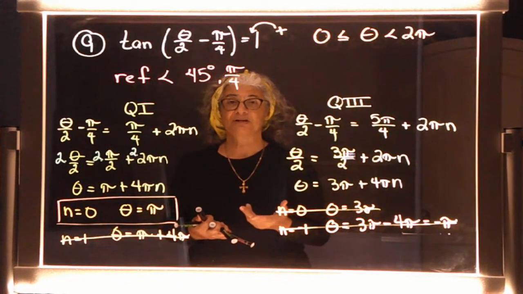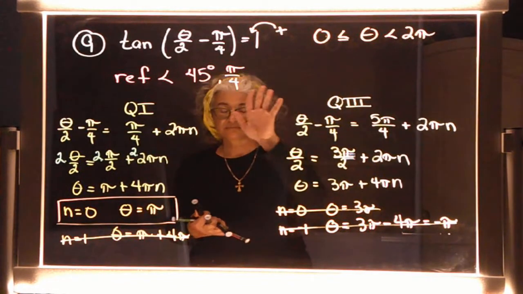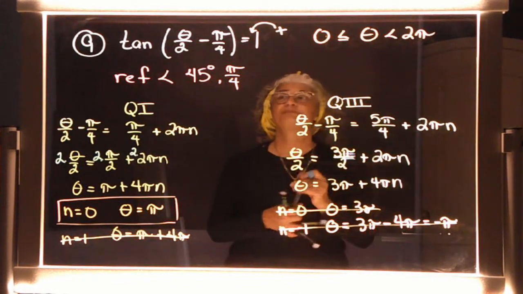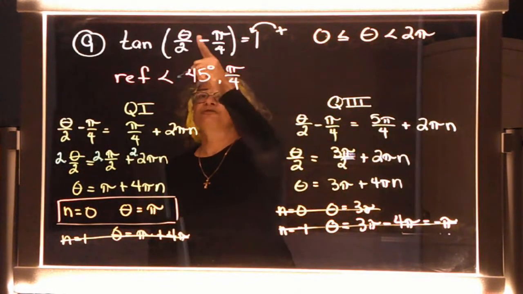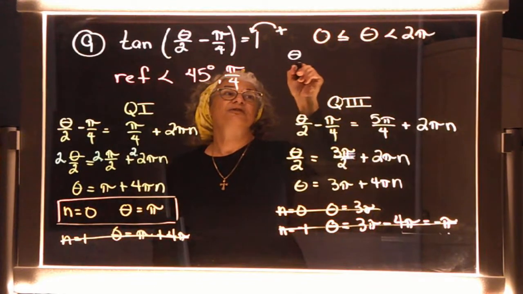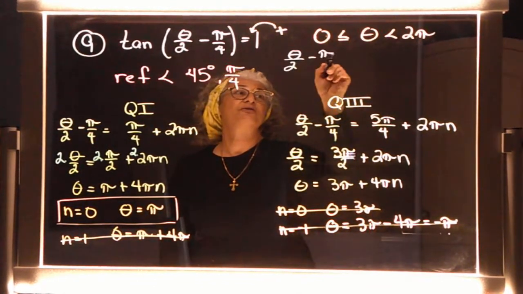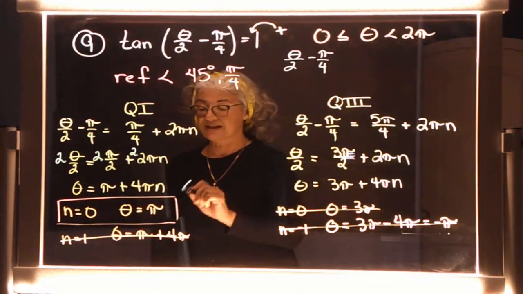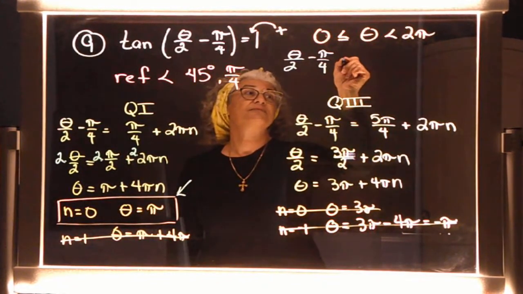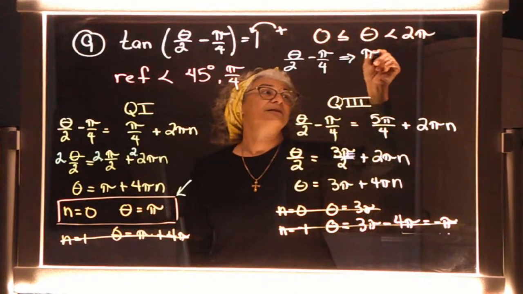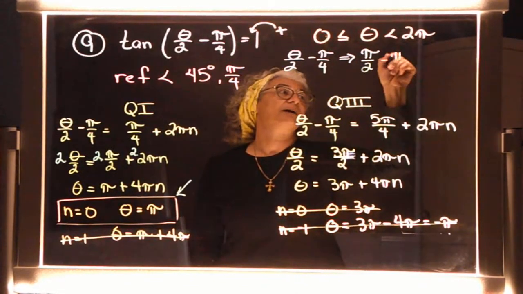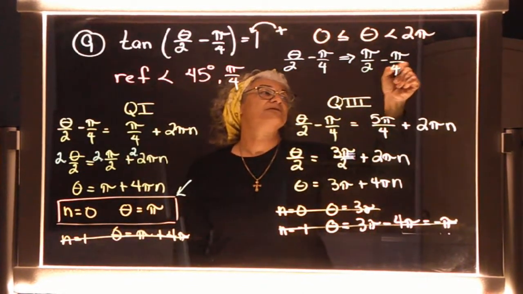Cool? And you're like, I don't see it working. Let me show you. If I plug pi in for theta, so theta over 2 minus pi over 4, right? We said theta was pi. This would be pi over 2 minus pi over 4.